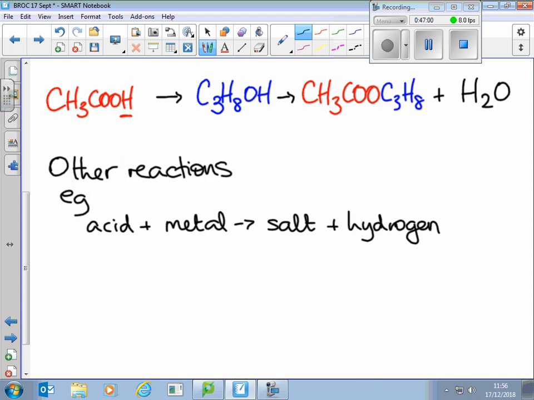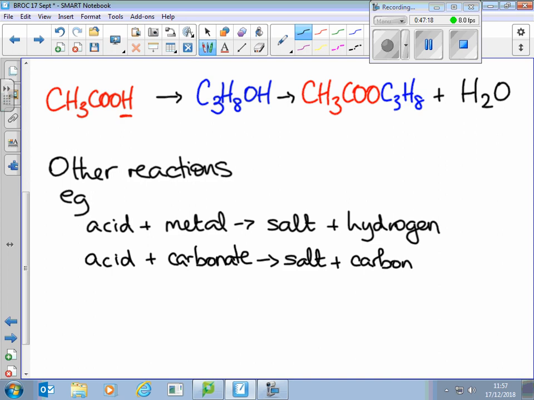You could have acid plus a carbonate. So you could react it with calcium carbonate, sodium carbonate, it doesn't matter, but you would still get the same sort of salt production, but you'd get carbon dioxide and you'd get water. And then, of course, you could have a carboxylic acid with a base.